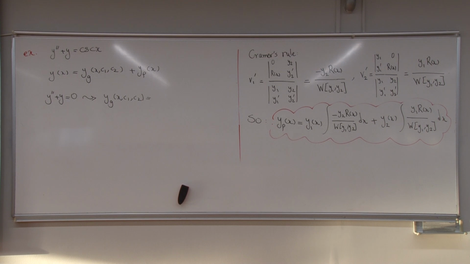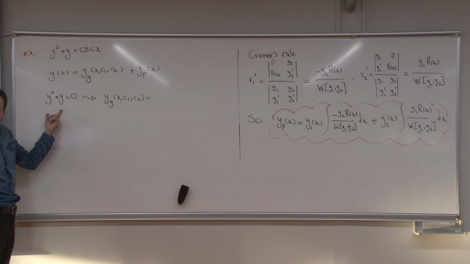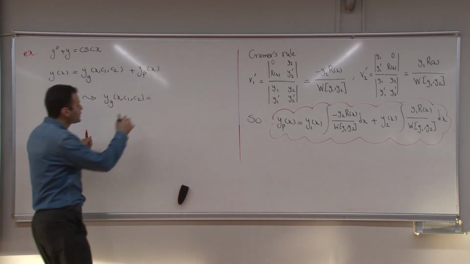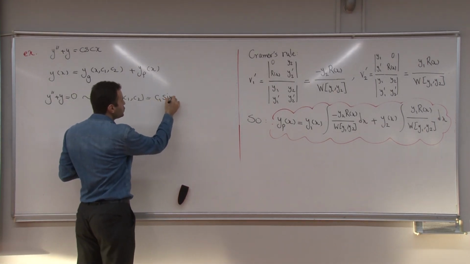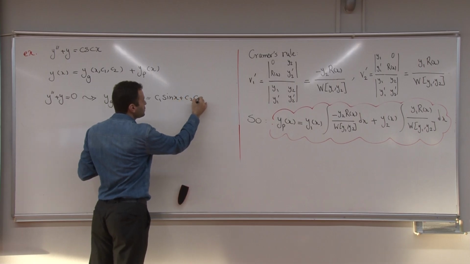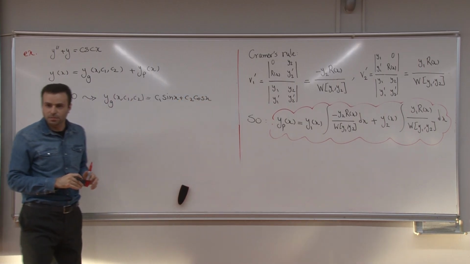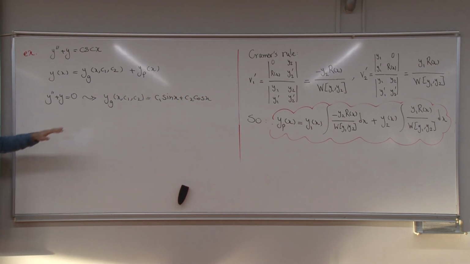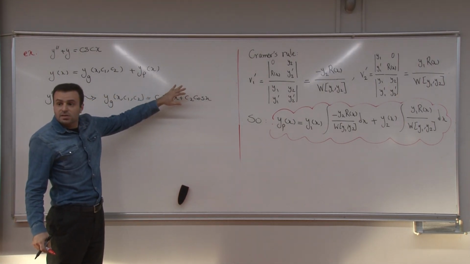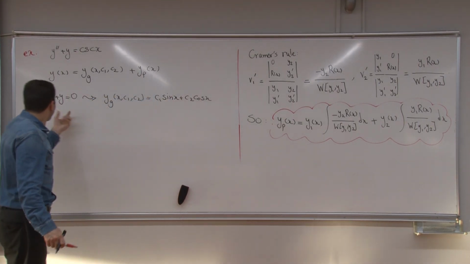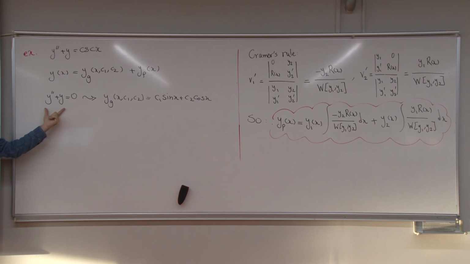You are using guess and check, right? You say that sine and cosine satisfy here. And since they are linearly independent, the general solution is a linear combination of sine of x and cosine of x. You're definitely right. But if it was not a game of guess and check, how would you have solved this?